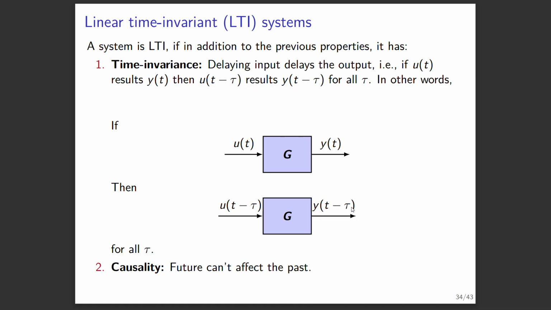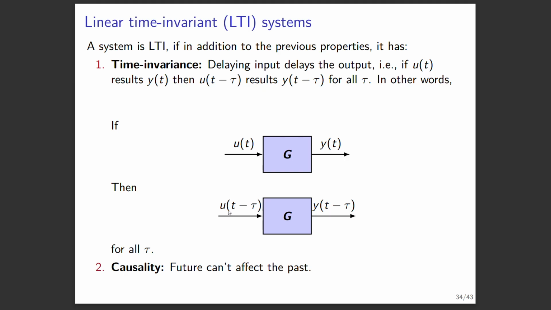Time invariance means that if you have a delay in your input, the output would be delayed too. So imagine I'm giving some input to my system and it's producing a specific output. If I come back tomorrow and give it the same input, it's supposed to produce the same output tomorrow.